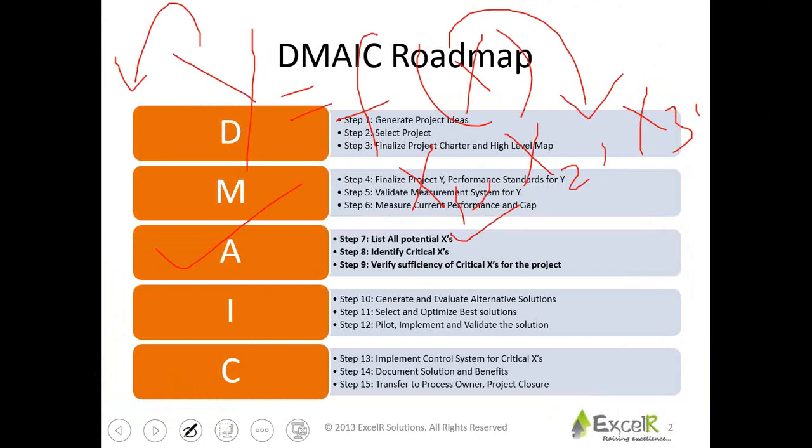So now, we need to list all the potential inputs which are going to impact my output. Then all these inputs might not be relevant. For example, take the mileage of vehicle. If that is the output, mileage, then what are the inputs that might impact? Can you give me a few examples, Anuj? If I want to focus on mileage as the output. Yeah.